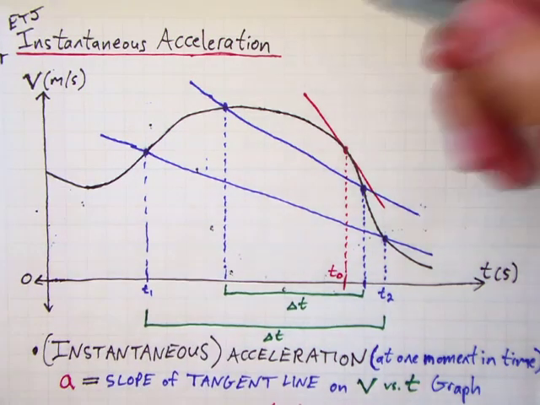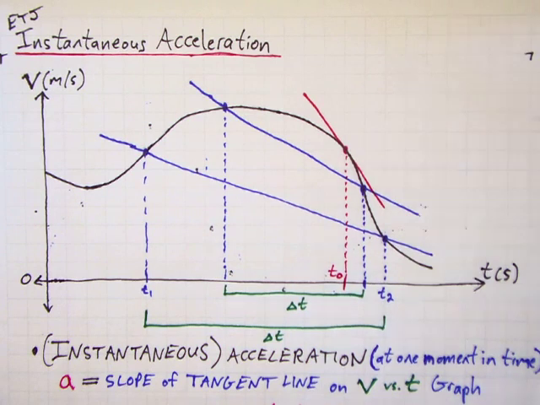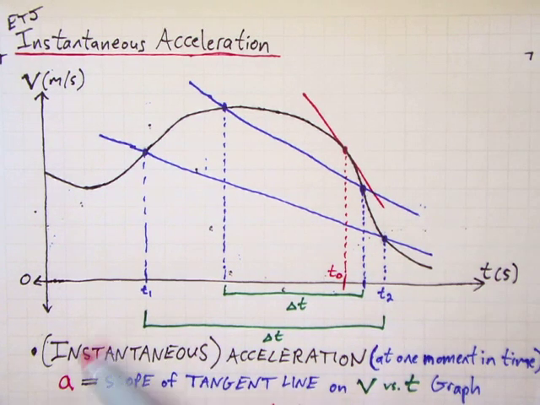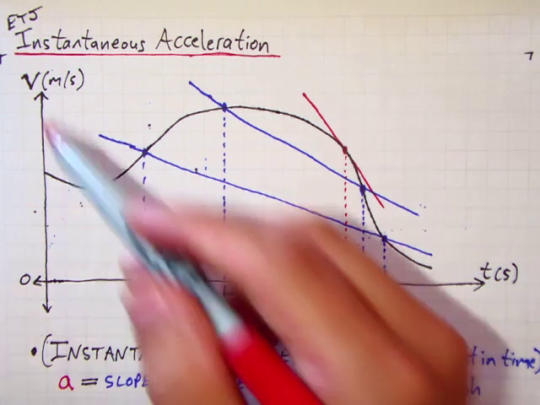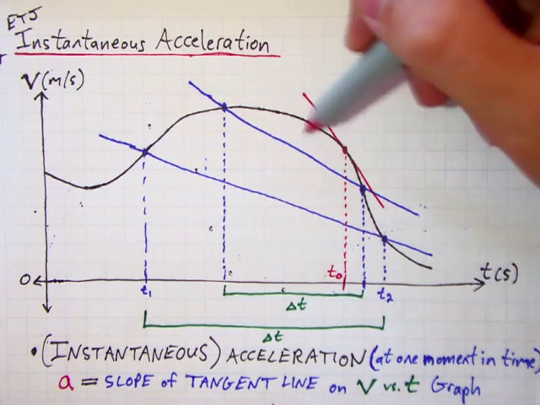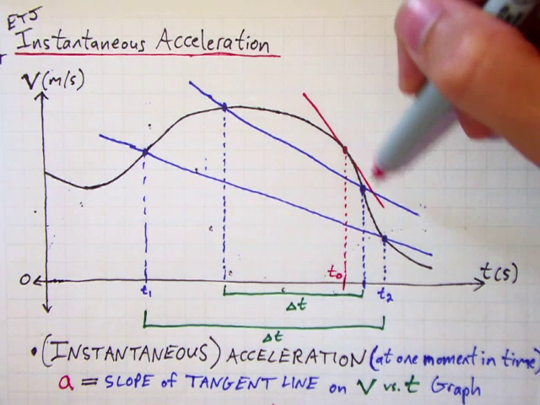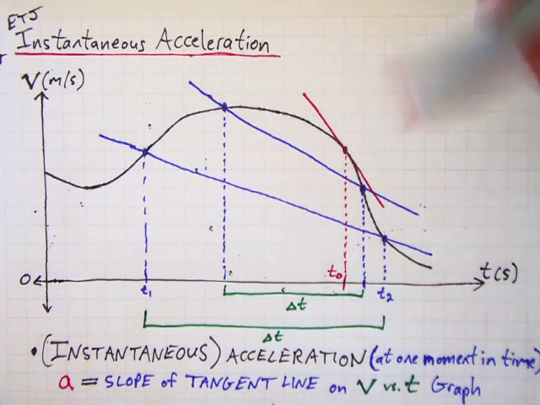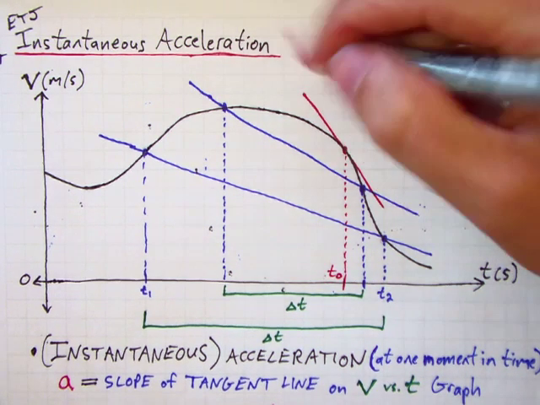And with this tangent line, we can use it to determine what we call the instantaneous acceleration. We usually drop the word instantaneous and just say acceleration, the acceleration of that object at that one moment in time. And we can figure it out by measuring, of course, the slope of that tangent line on our velocity versus time graph. So our tangent line that just barely touches the graph at that one point right there, we can look at its slope.